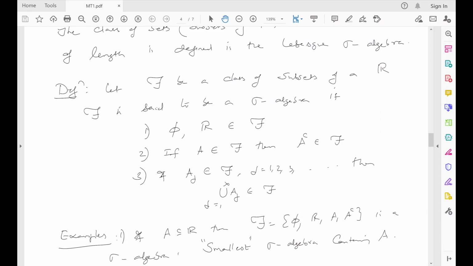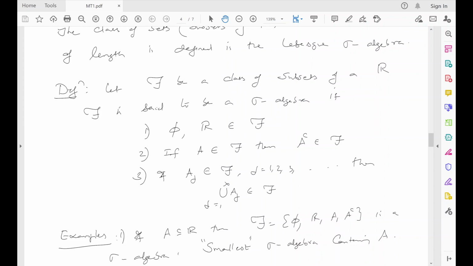So there are lots of things you can do with complementation and union. You will get intersections, you can look at A and B and look at A minus B. A minus B is A intersection B complement, that will also be there, and so on. Most of the set theoretic operations you do, as long as you are doing them countably many times, you will still land in your sigma algebra.